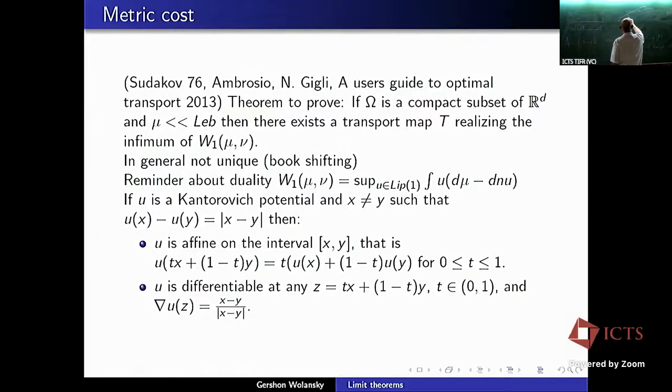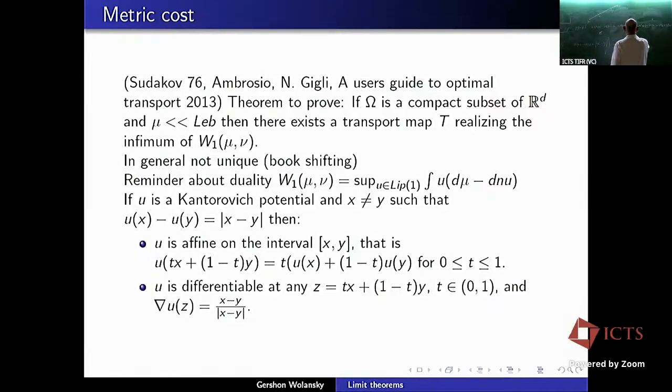So if we consider uy minus ux, we know that's y minus x, and this is equal to uy minus uy1 plus uy1 minus ux1 plus ux1 minus ux, and this is smaller equal than the absolute value.